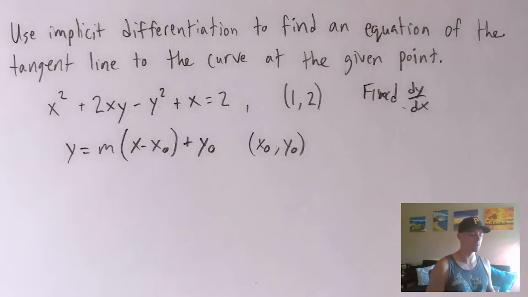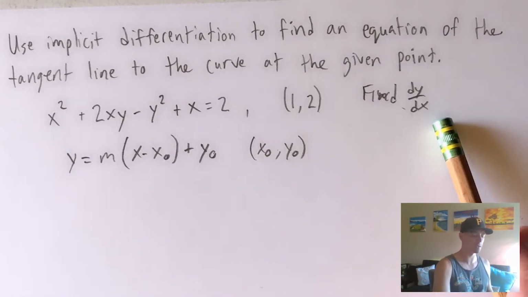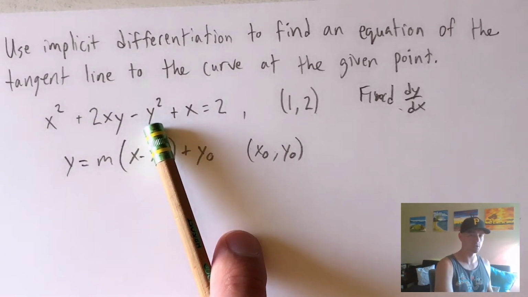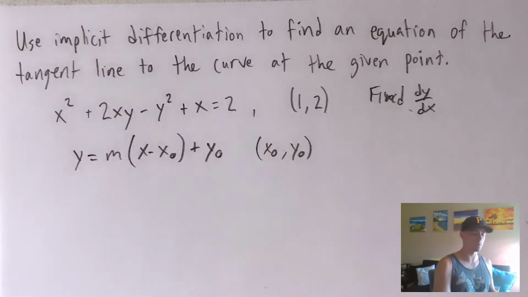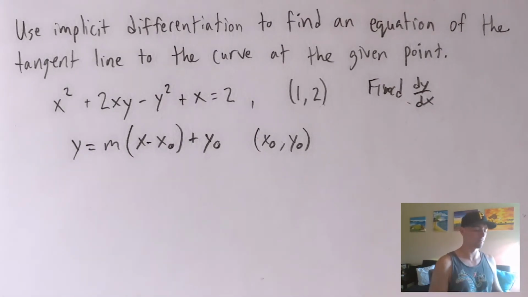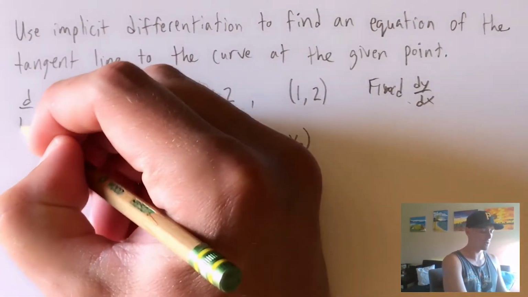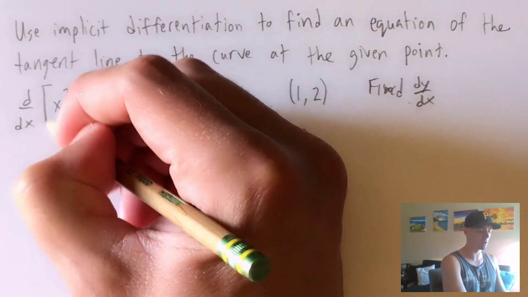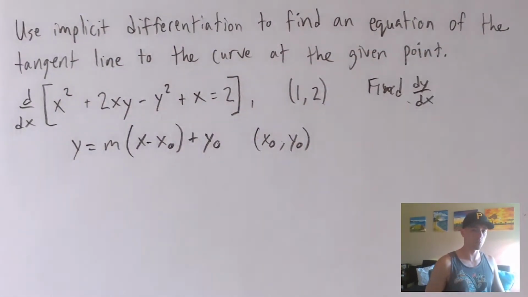So what we need to do is use implicit differentiation to find dy/dx using this equation. And then once we've done that, we can use that to figure out the slope that this tangent line needs to have. So basically we'll start by doing d/dx of this full equation, both sides of the equation.